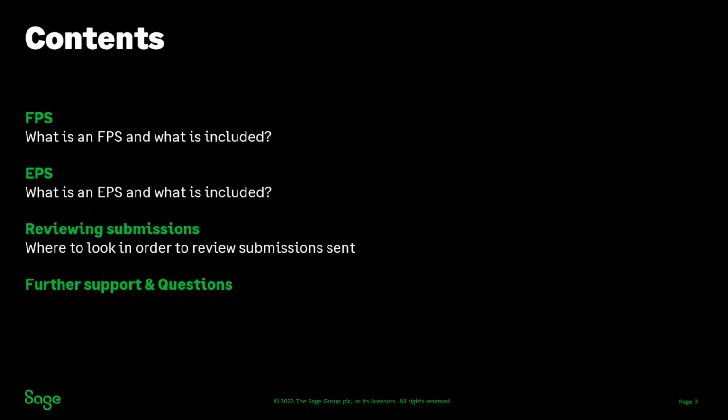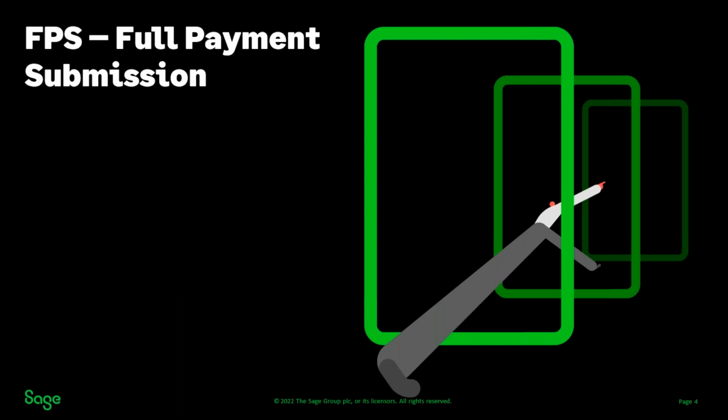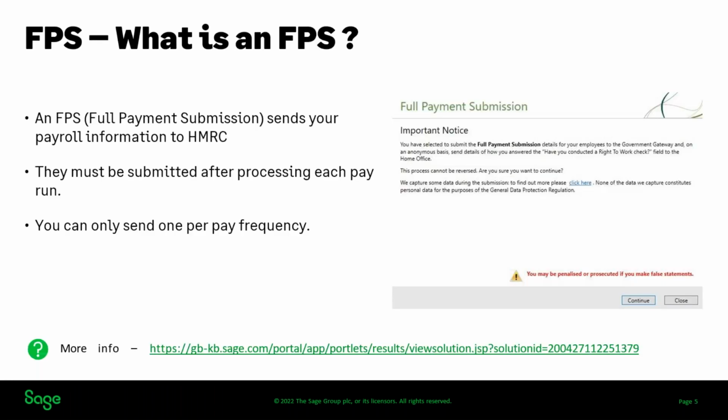So let's begin and let's start off with having a look at the FPS, or full payment submission. So what is an FPS? A full payment submission, or FPS, sends your payroll information across to HMRC. Now these must be submitted after processing each pay run, and you will only send one per pay frequency.